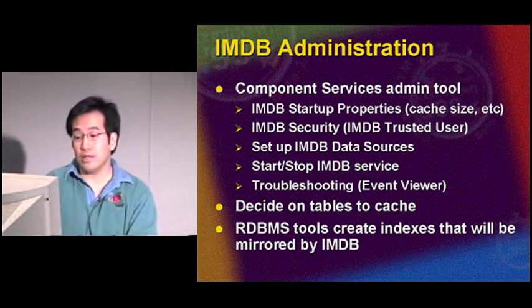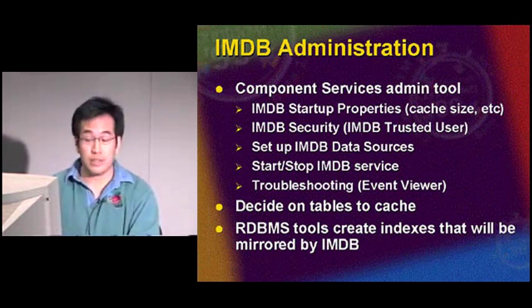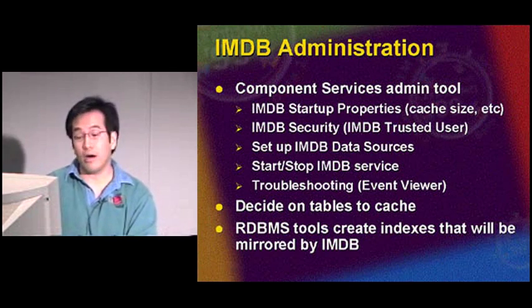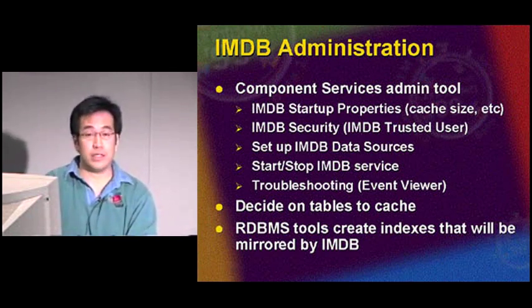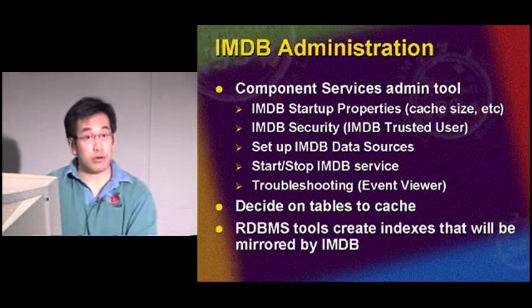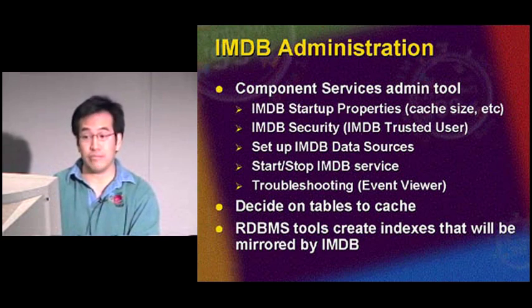So it is advantageous to use tools such as SQL Server Index Tuning Wizard to make sure that the indexes on your backend table are also what you need in the case of IMDb, because that will preserve that performance benefit when you bring the data into IMDb cache.